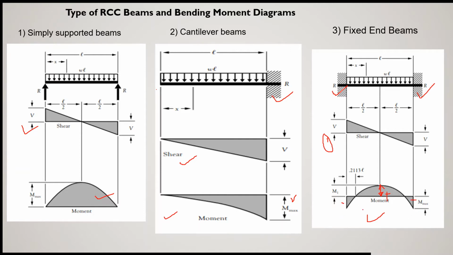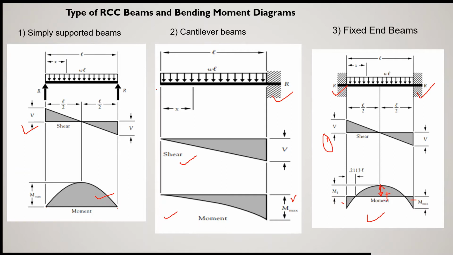So there is a maximum positive bending moment as well as a maximum negative bending moment. Whenever we are talking about fixed end beams, your design parameters will be different from simply supported. In simply supported, the bending moment at the end is 0, but in fixed end, the bending moment is not 0, it is negative.